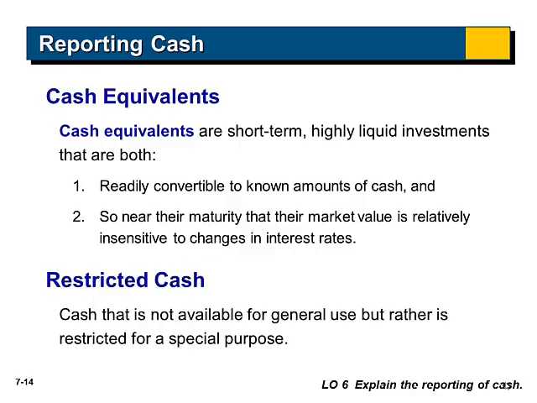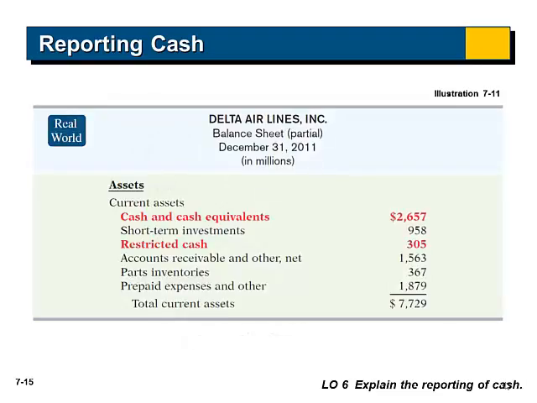The last learning objective that I want to cover briefly in this pre-lecture is the idea of managing and monitoring cash. So we've talked about fraud, internal controls, and what cash is. Companies need to employ sound principles to manage their cash effectively.